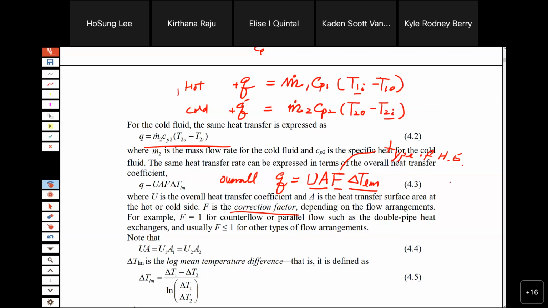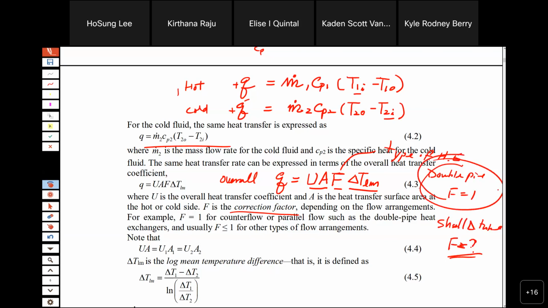Okay, so for double pipe, F is 1. Keep in mind, I'm telling you. For shell and tube, F is something we have to look up, so it depends on the type.